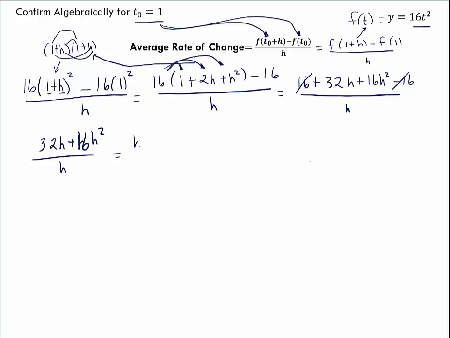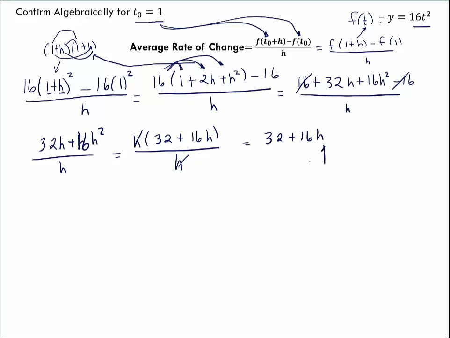On the top, I'm going to factor out an h. So that leaves me h times 32, because I factored out an h, plus 16h, and an h on the bottom. So now these h's cancel, and I get 32 plus 16h.